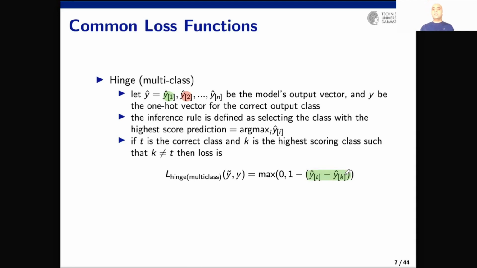We say our model predicts y hat k, and the true label is, so if I want to show it, this one is the true label, this one is what our model returns, and we compute the difference between this and this.